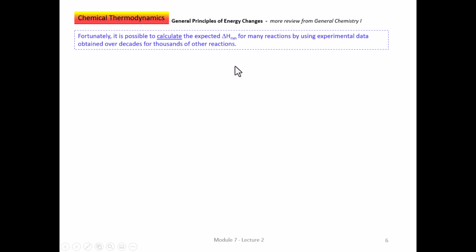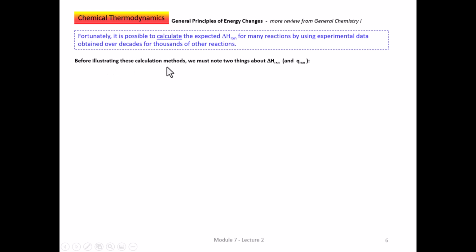As I mentioned briefly at the end of part one of this lecture, it's fortunately possible to calculate the expected deltaH of reaction for many reactions by using experimental data obtained over decades for thousands of other reactions.